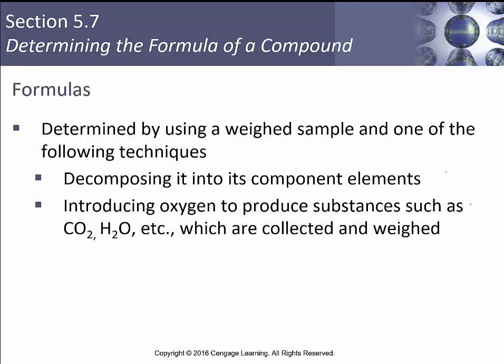When you burn something up, your products are often carbon dioxide and water. These are the two products of a combustion reaction. So our two combustion products are going to be CO2 and H2O.